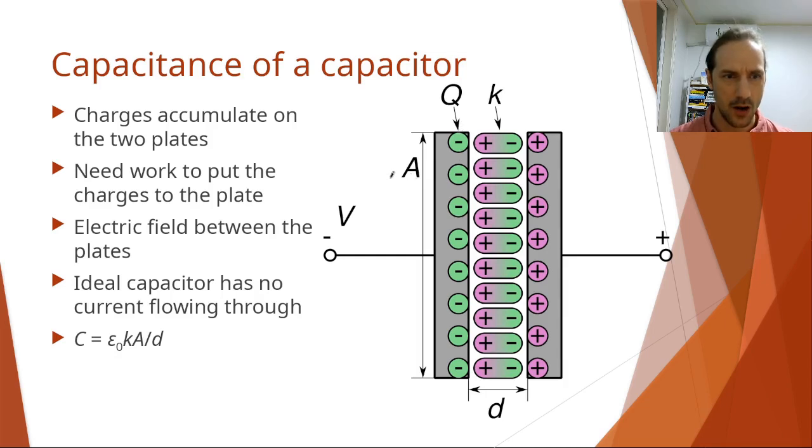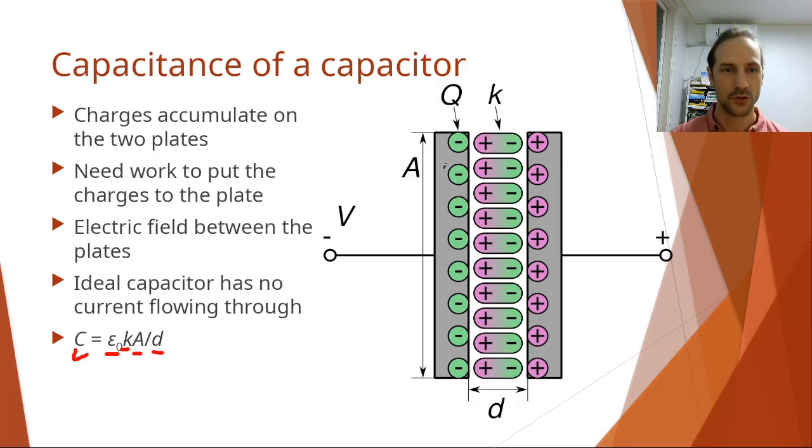Of course, the larger the area of these plates, the higher the capacitance. And this is epsilon 0, the vacuum permittivity, one of the constants of the universe, we cannot do anything about that, but this K value will describe the dielectric, and the higher the K value, the higher the capacitance, and the higher the capacitance, the higher the number of accumulated charges. We also have D, the distance between the plates, so the further these plates are apart, the smaller the capacitance will be.